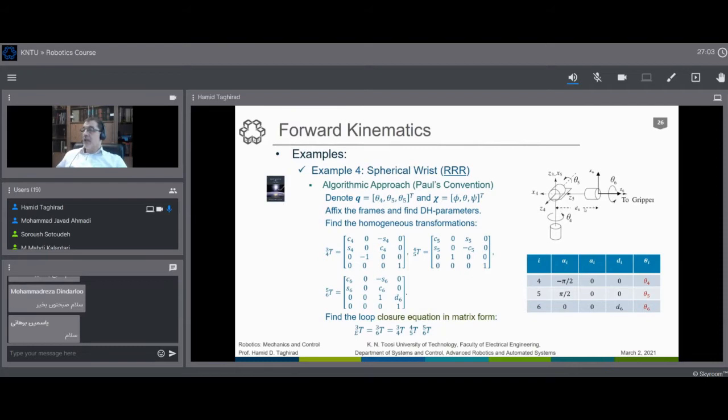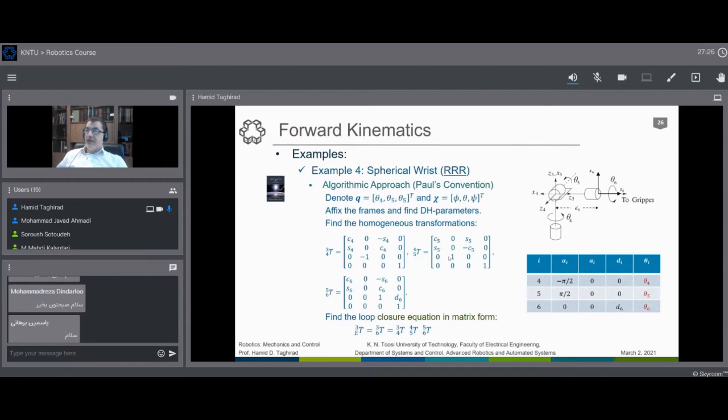And D6 is the offset that we have for the end effector point. All the other parameters are 0, and then we can find quite easily the transformation matrices. Just use simple substitution in the general formulation. As you see, it is quite simple.